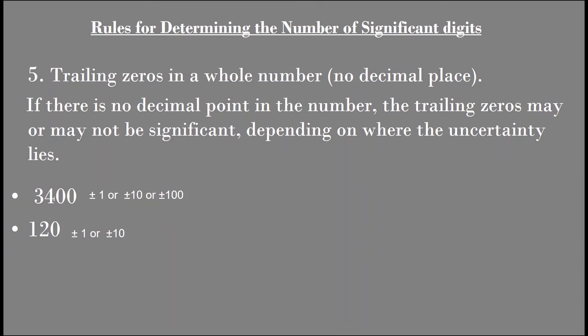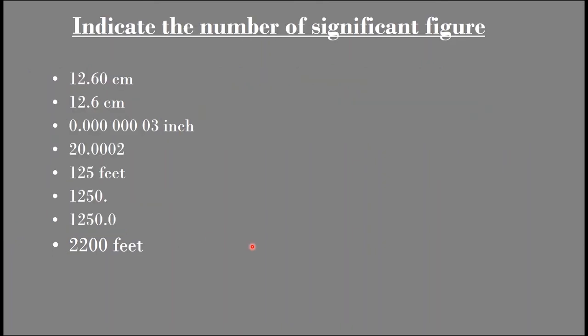Okay, let's look at some examples here and indicate the number of significant figures in these before we wrap up this topic. The first measurement that I have is 12.60. This zero is a trailing zero with a decimal point, so it will be counted as significant. So this measurement has four significant numbers.